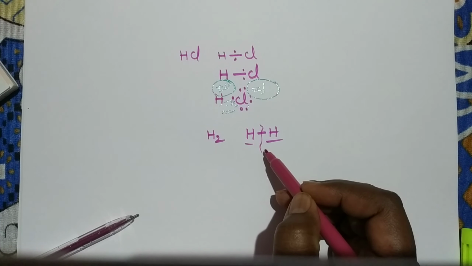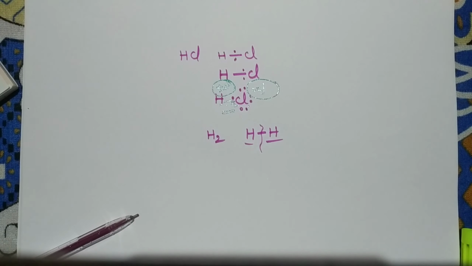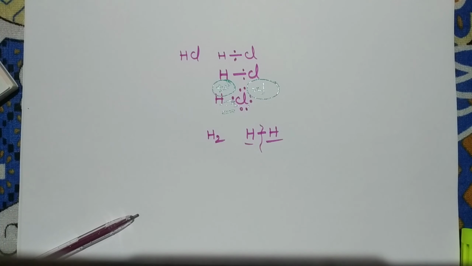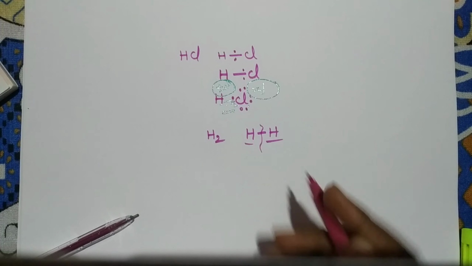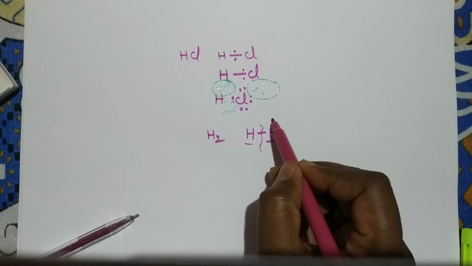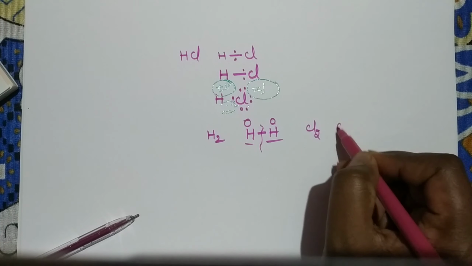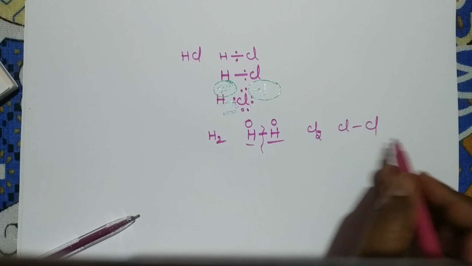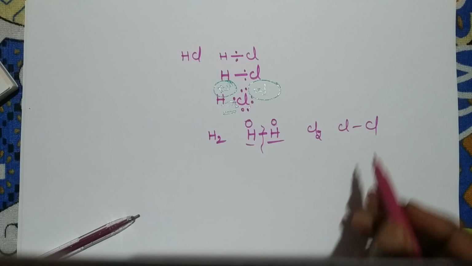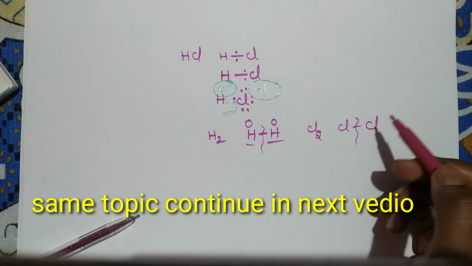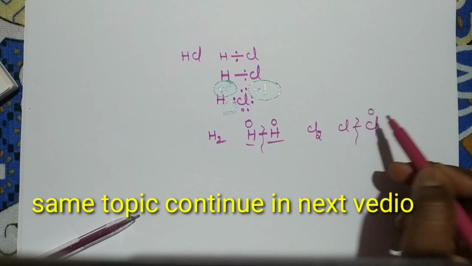We are not assigning any electron to any hydrogen, so the oxidation number is 0. Similarly Cl2: both atoms have the same electronegativity, so we do not assign electrons to either atom, and the oxidation number is 0.